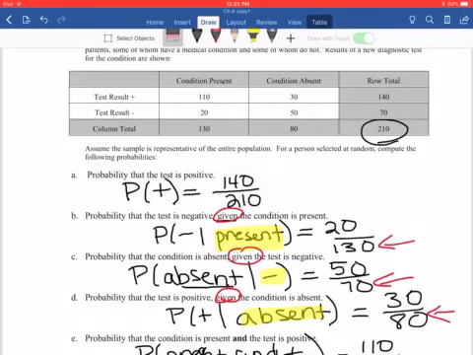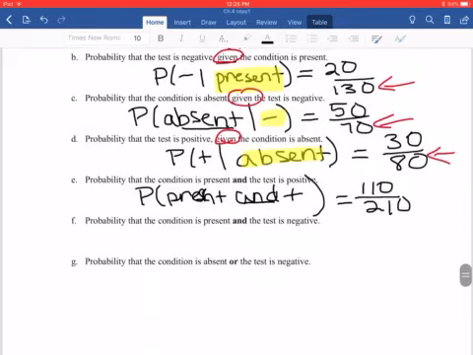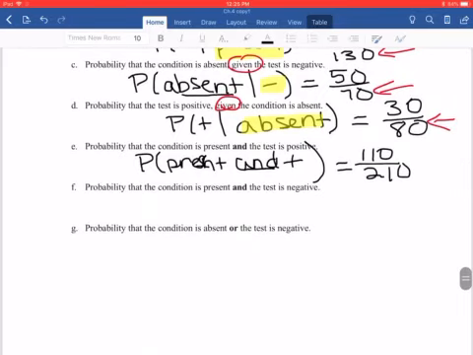Okay, let's look at this next one here. We have two more. We want the probability that the condition is present and the test is negative. So I'm going to let you guys calculate that one on your own.